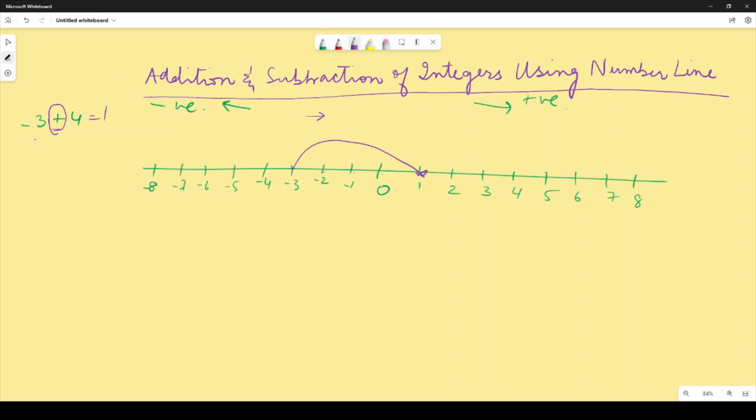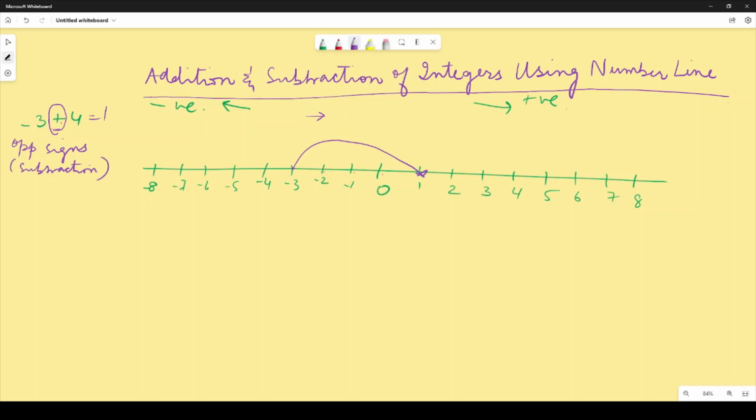Now if you are solving it numerically, you remember, according to the laws of integers, in case of opposite signs, the operation is always subtraction. Opposite signs mean subtraction, right?